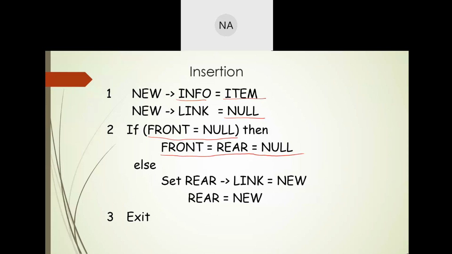Else we will store rear link equal to new, because the new node will be inserted at the rear end. So in the link part of the current last node at the rear side, we will store the pointer to the new node, and now the rear pointer will point to the new node. That's all. So this is the insertion algorithm.